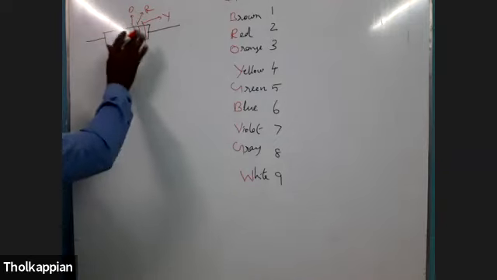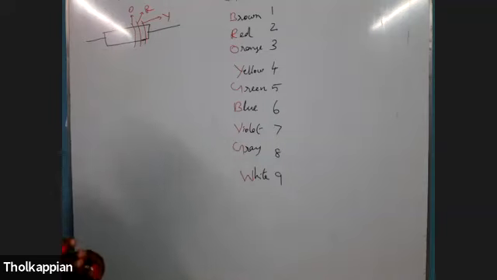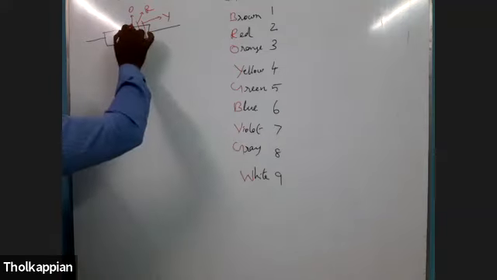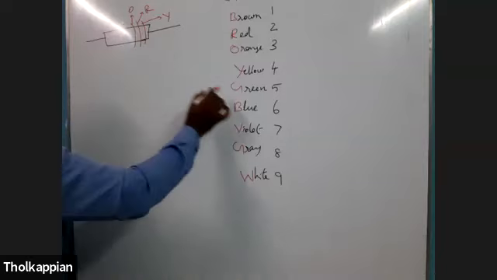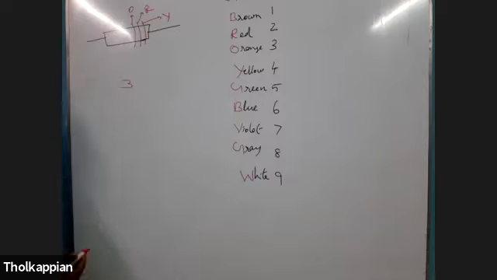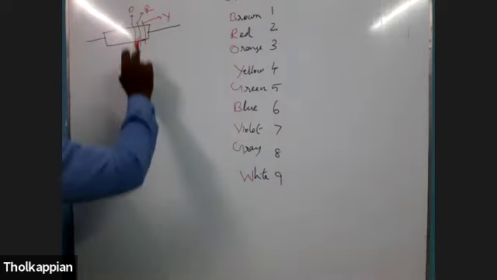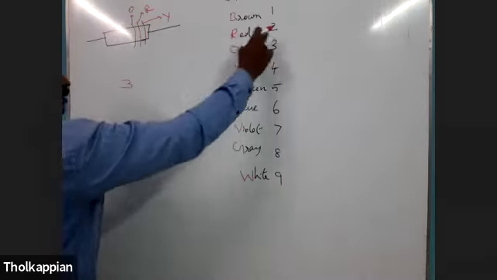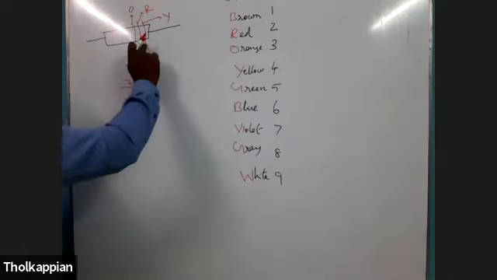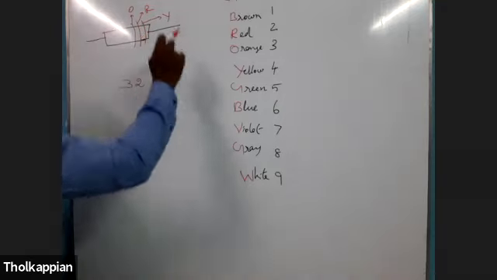By using these colors. First, orange. Orange is 3, so you write 3. Next color is red. In the place of red, what is there? 2. So you write 2.